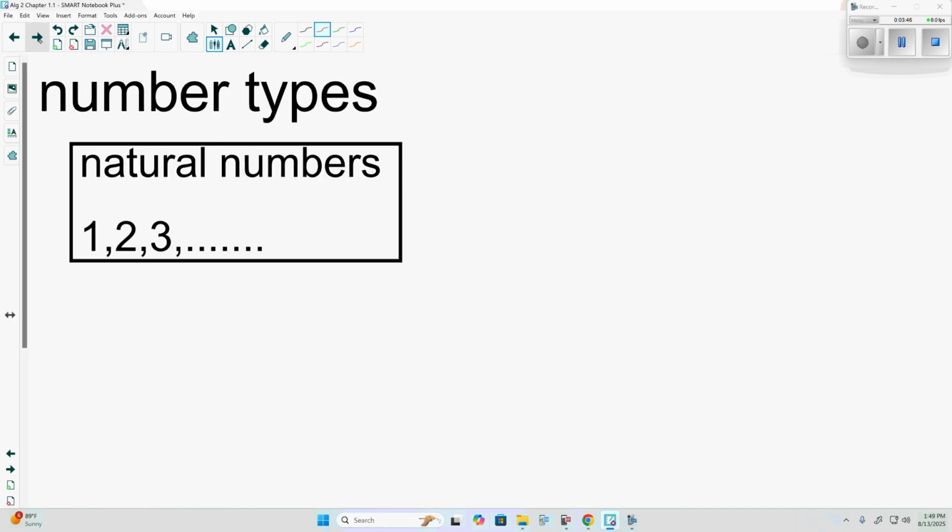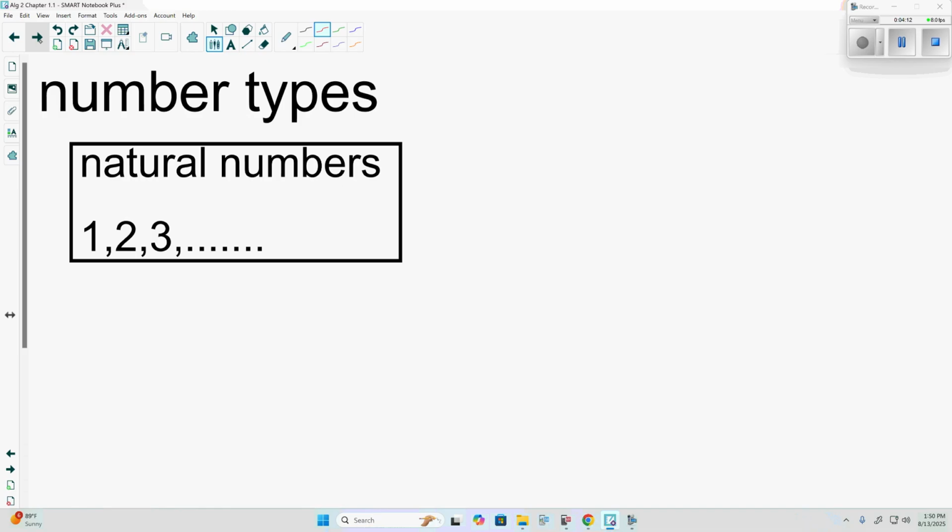Now, one of the ways that we can start writing, especially in set builder notation, is we need to describe the types of numbers. Now, the first set of numbers that we have are natural numbers. So inside of the box, in that box in the center, because we're going to start building this out. Natural numbers are naturally the numbers you count on your hands and your feet.